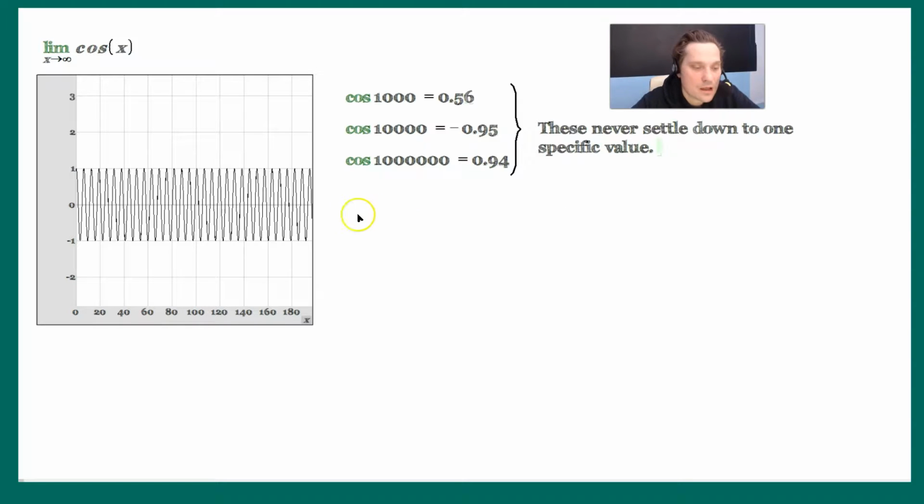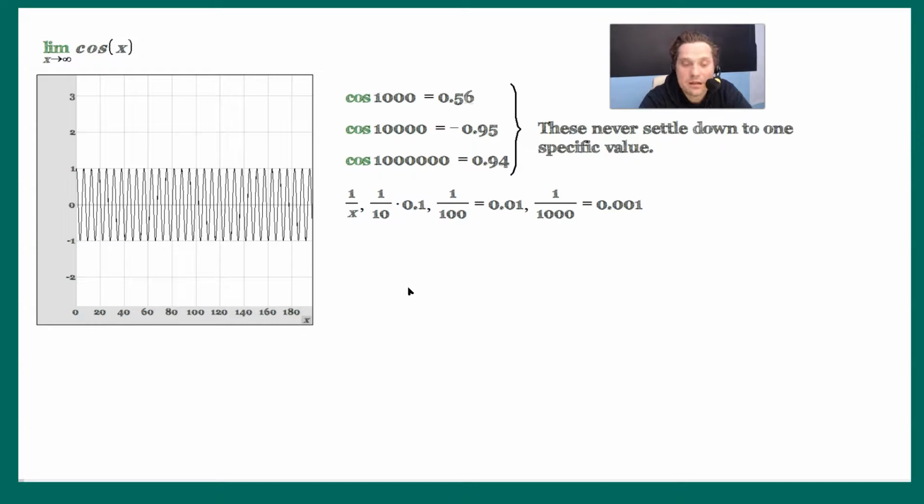Compare this with the following calculations that we've already done in this course. 1 over x. If you calculate 1 over 10, that's 0.1. If you calculate 1 over 100, that's 0.01. If you calculate, for example here, 1 over 1,000, that's 0.001.